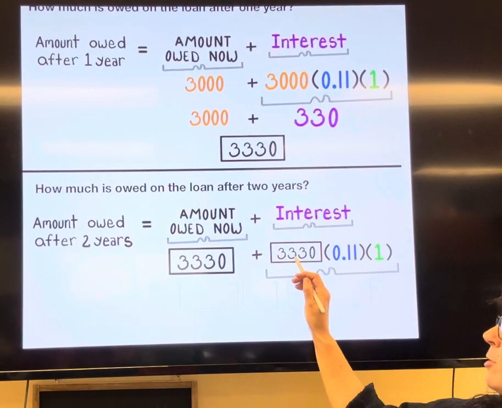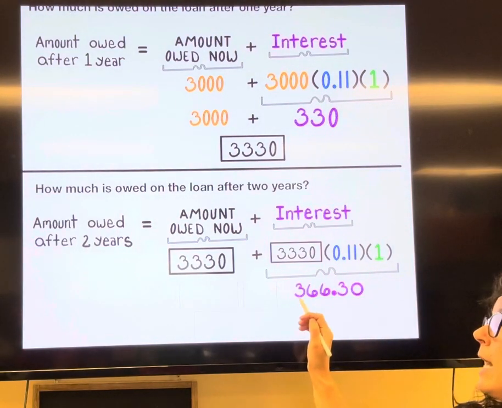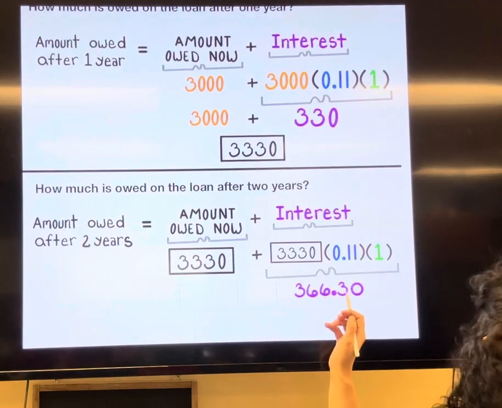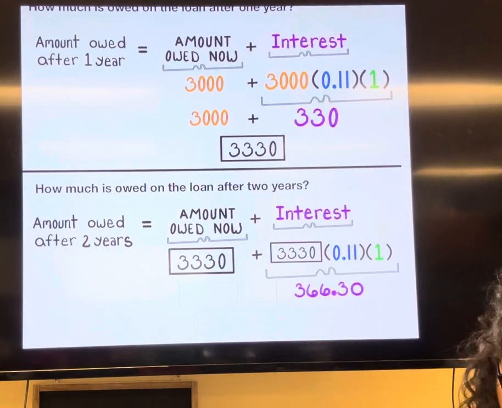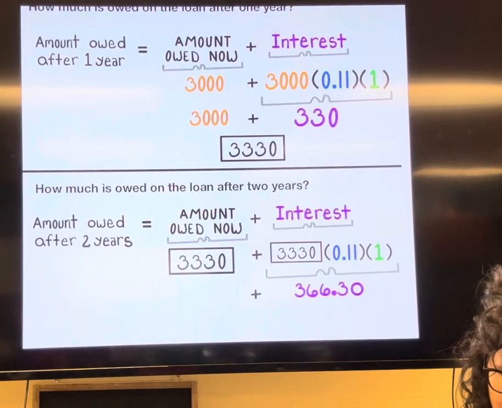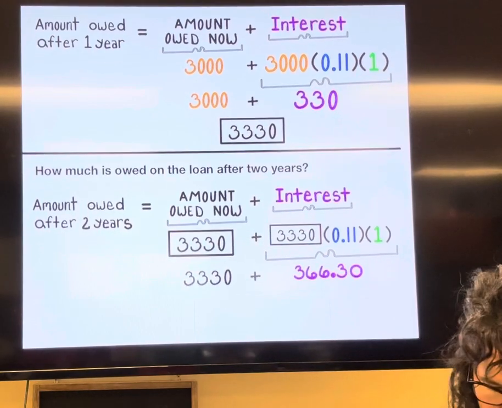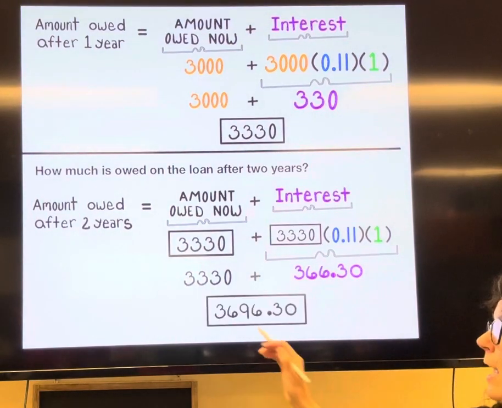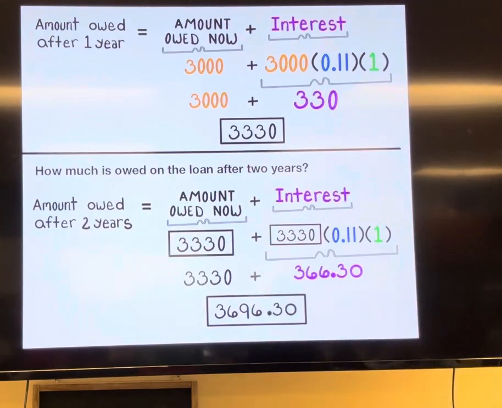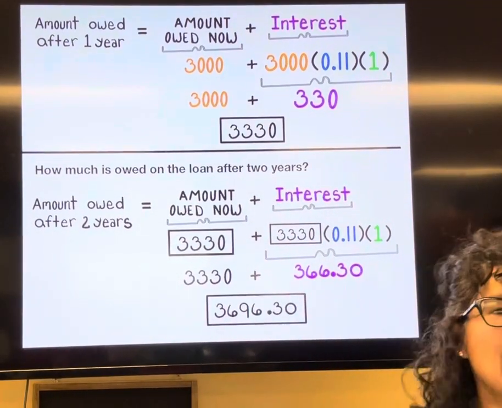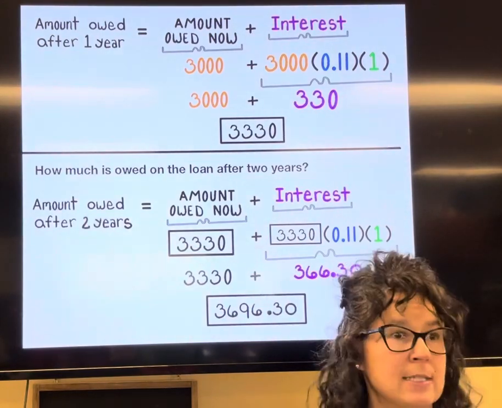So now I'm going to multiply these three numbers together, and I have $366.30 that I am owing on this loan that year, plus the amount of money that I owed at the beginning of that year. And if I add those together, I have $3,696.30. You're not gonna have to do this for 3 years, but let's say that I borrowed it for 3 years instead.